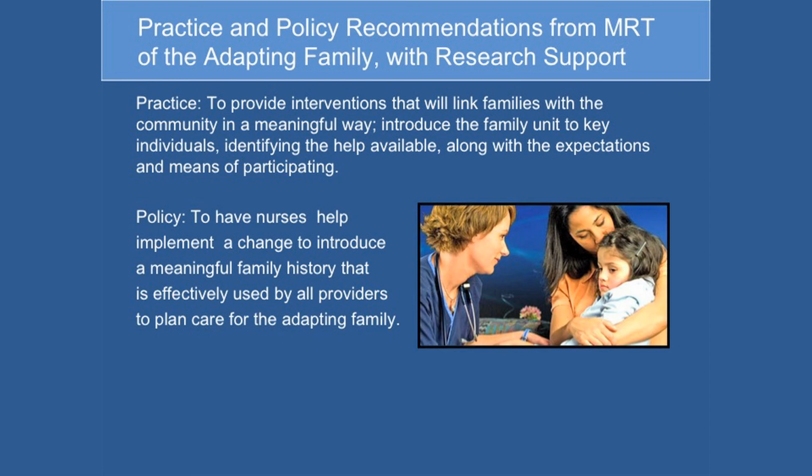On a policy level, what this means is perhaps to have nurses help to implement a change to introduce a meaningful family history that is effectively used by providers to plan care for the adapting family.